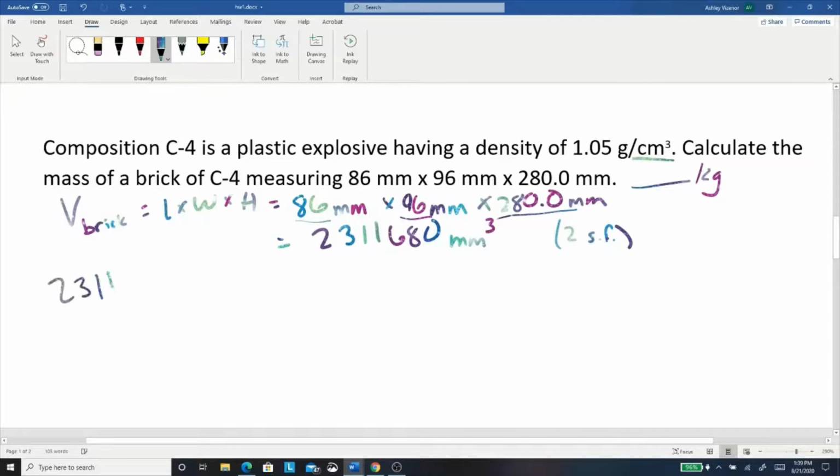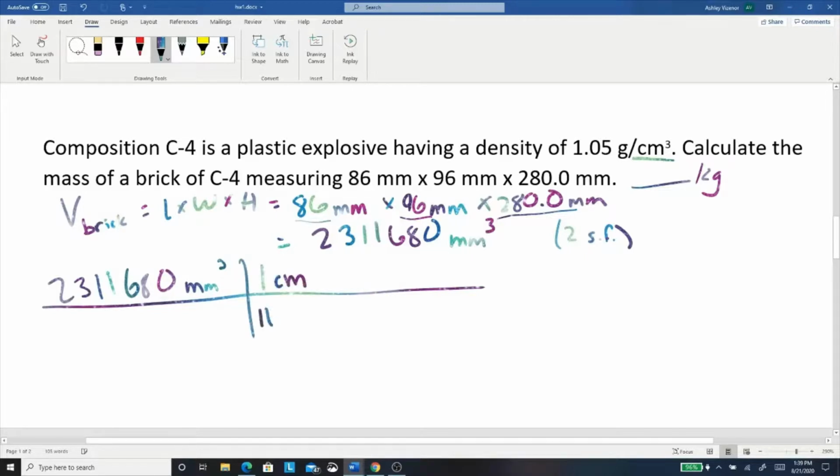So 2311680 millimeters cubed. Now I know from using a ruler that 1 centimeter has 10 millimeters. Now I'm not done with my conversion though. Millimeters here cancels, but this is cubic millimeters. So I can't just get rid of cubic millimeters.